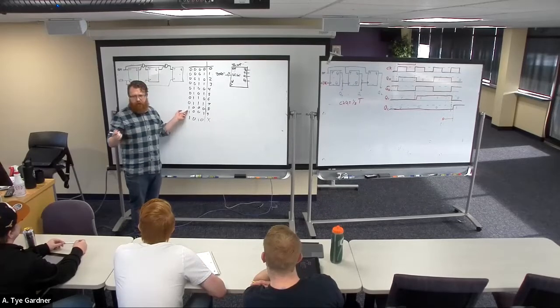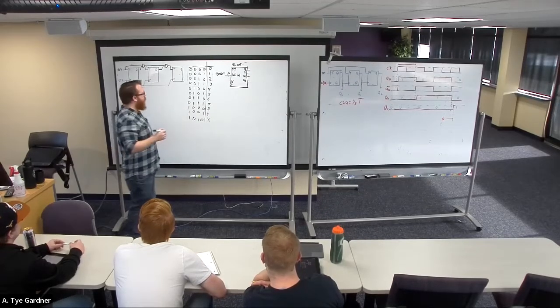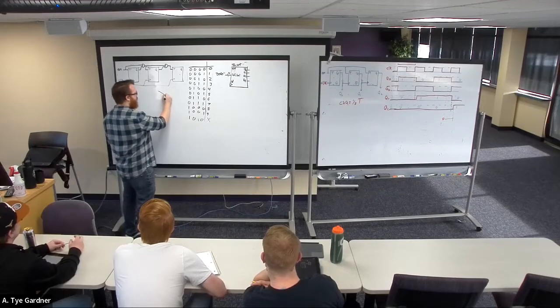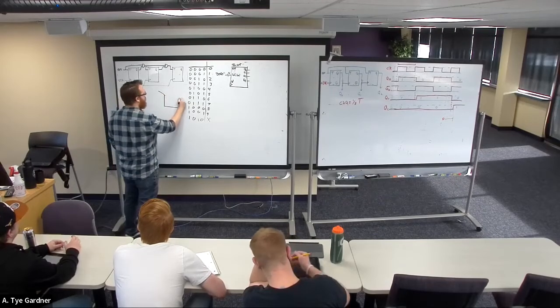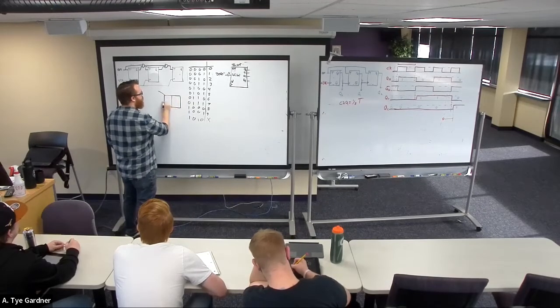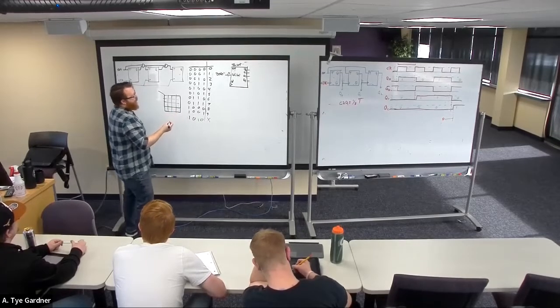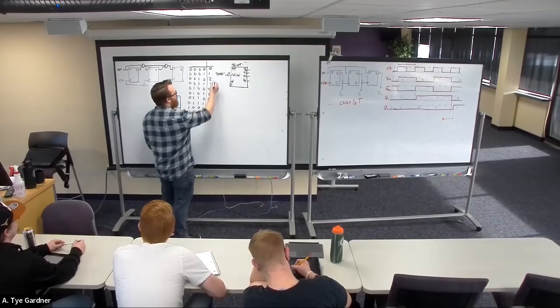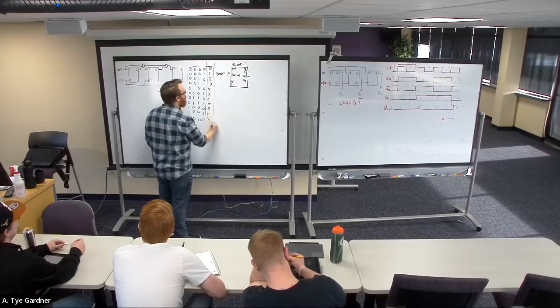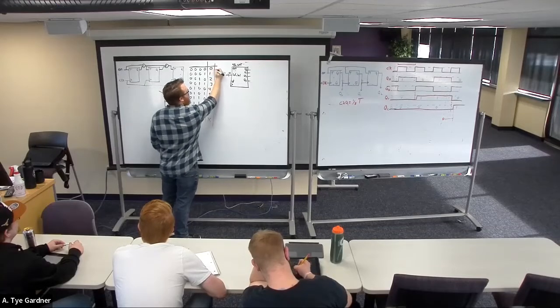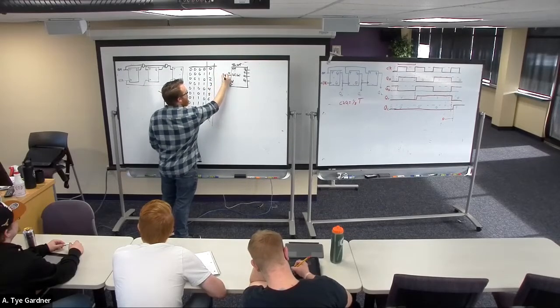We have 2 ways of doing this. We could draw the K-map for it. The K-map is basically going to say, I can truncate this to just 0.